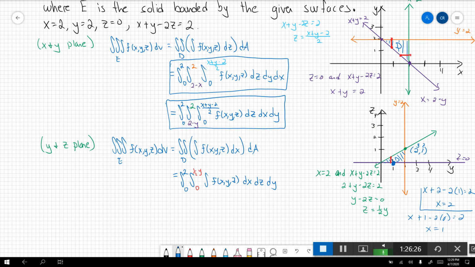Which means we must be going from the equation of the plane up to x is equal to 2. So what does the equation of the plane look like when we solve for x? The equation of the plane once we solve for x looks like 2 minus y plus 2z. There we are.